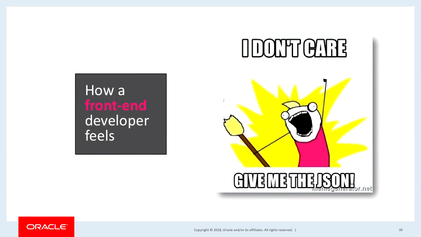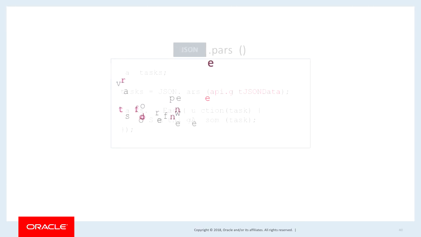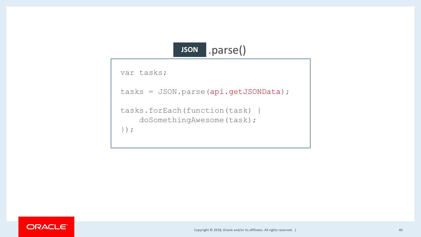So let's talk about these front-end developers. All they want is JSON. The question is why? And the answer is all they need to do is a few lines of JavaScript code. They can declare a variable, and then they use some kind of API to get JSON data. Generally, it's going to be over some web service.